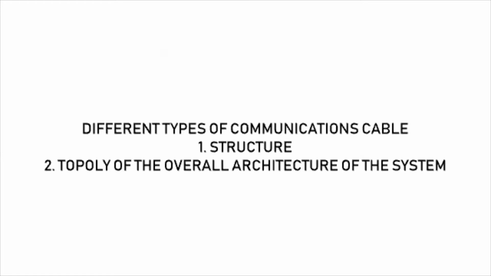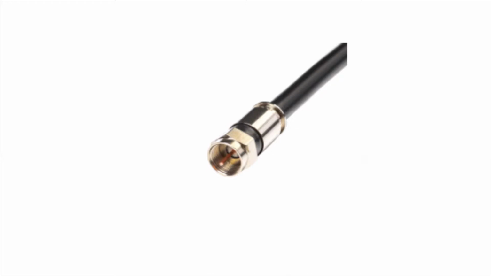There are different types of communications cables, and the appropriate type to use will depend on the structure and topology of the overall architecture of the system. For example, coaxial cable, multi-pair cable, and twisted pair cable.